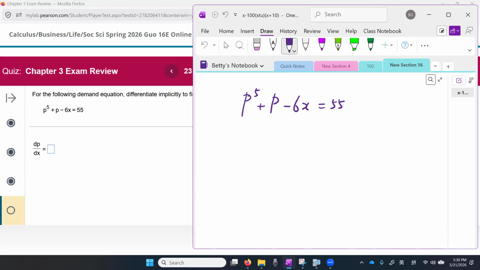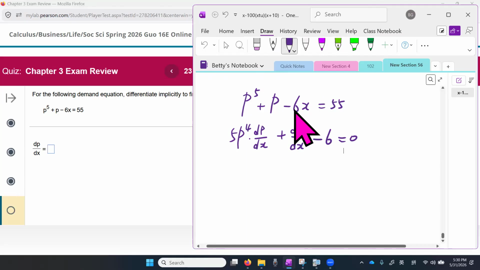So we are going to take the derivative of the left side and the right side of the equation with respect to x. 5p to the fourth times dp/dx, we actually apply the chain rule here. 5p to the fourth times dp/dx plus dp/dx minus 6 equals 0. This part, the derivative of 55 is 0. Minus 6x, the derivative is minus 6.